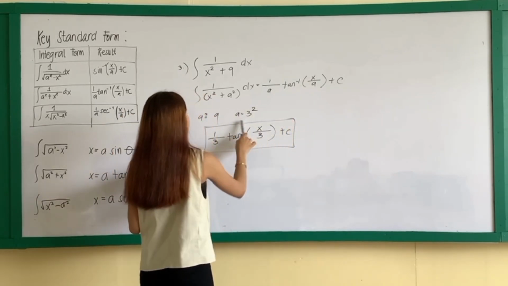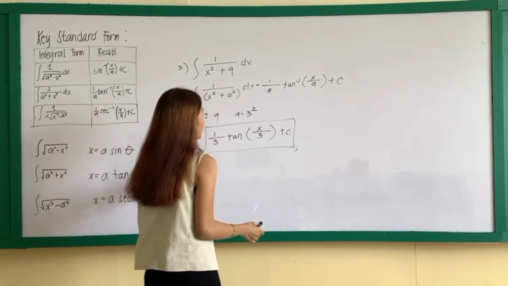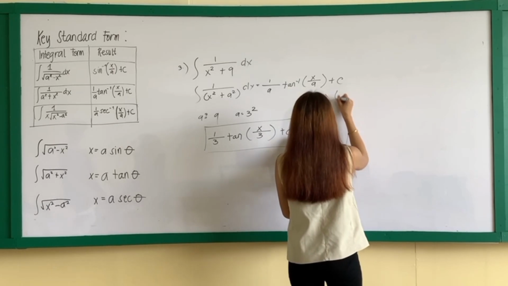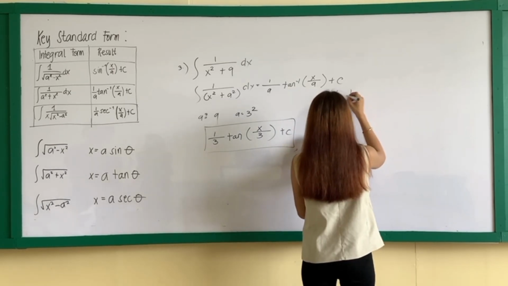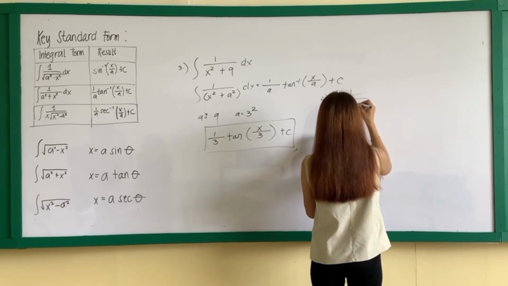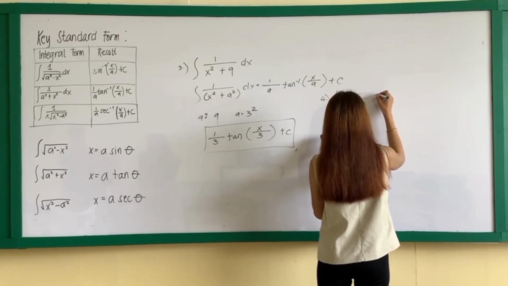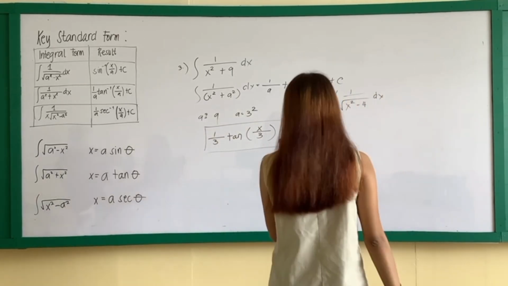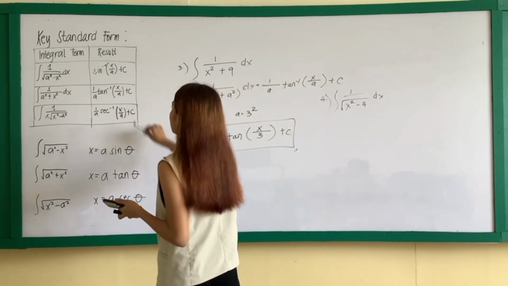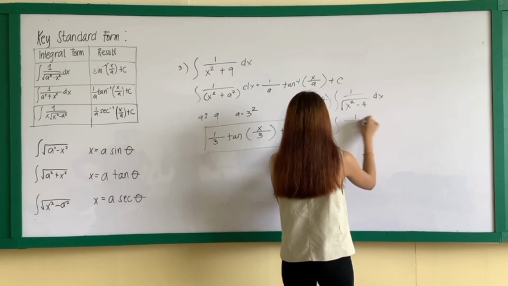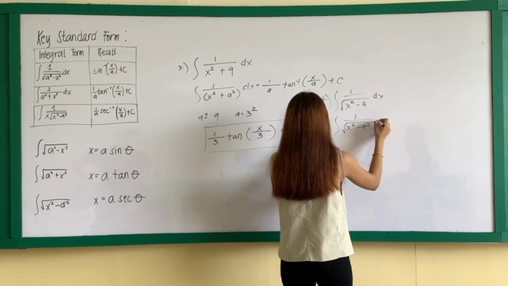And our problem number 4 is the integral of 1 over the square root of x squared minus 4 dx. This matches the arcsecant form, our third formula: 1 over x times the square root of x squared minus a squared dx.